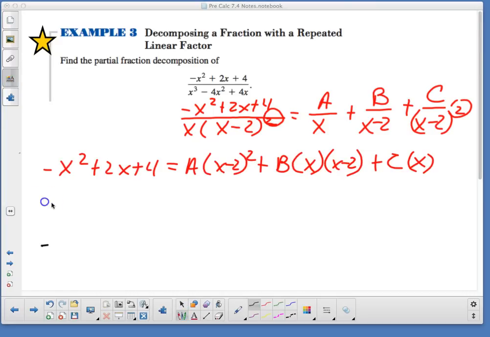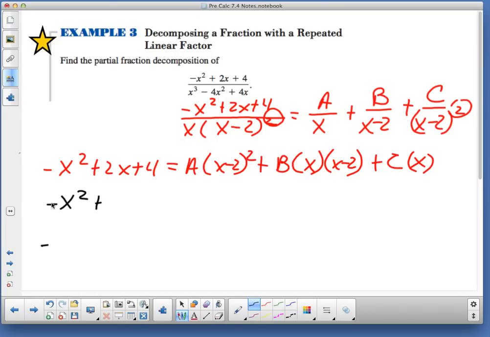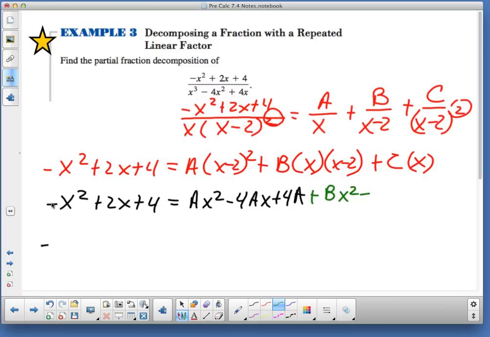So again, negative x squared plus 2x plus 4 is equal to Ax squared minus 4Ax plus 4A plus Bx squared minus 2Bx plus Cx.